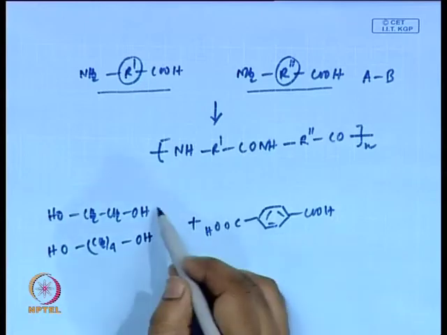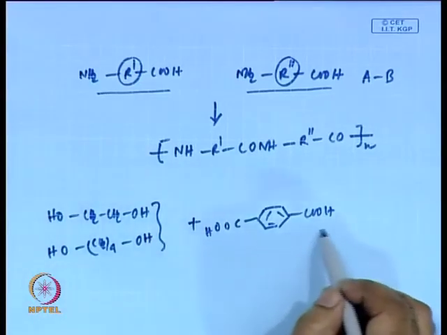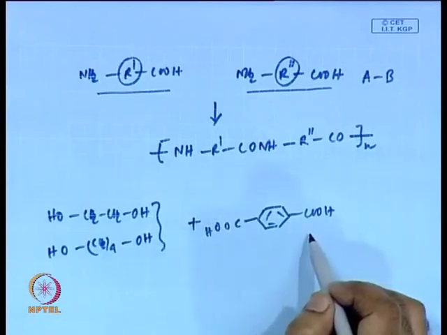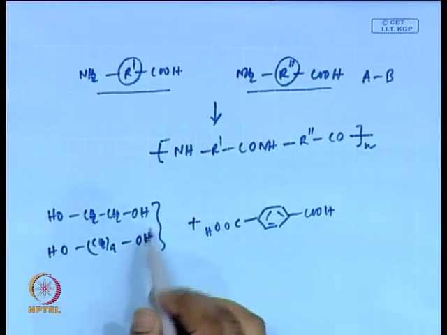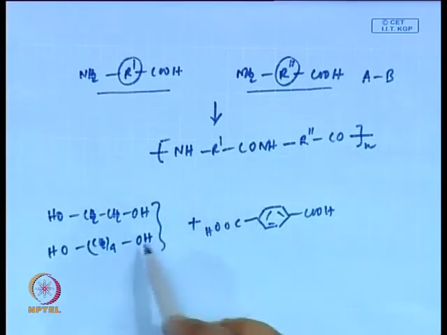Now, you have to make the total of this diol with the ratio close to 1:1. So, the total number of OH groups is almost close to the number of COOH groups, so that the polymerization takes place.